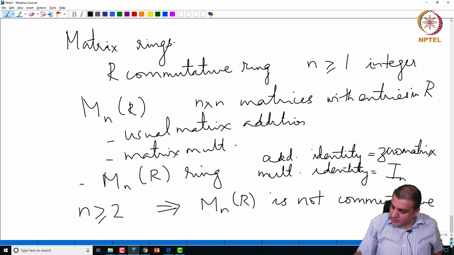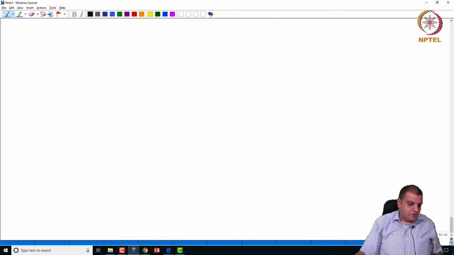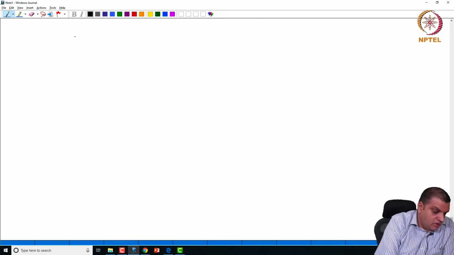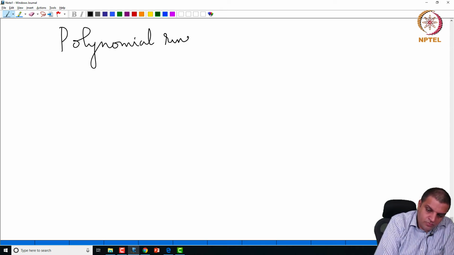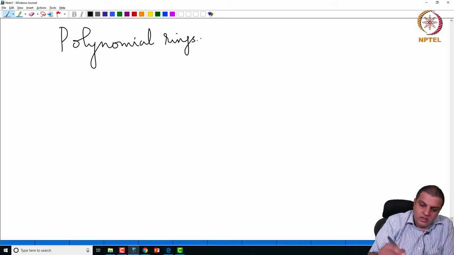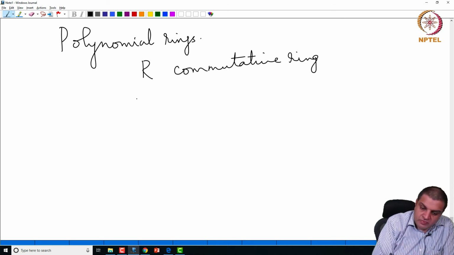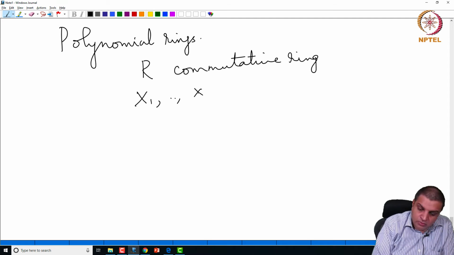So now we look at one more class of rings, after which we will look at some examples in Macaulay. These are called polynomial rings. So we start with a commutative ring R, and we can take some variables, let's say x1 through xn.